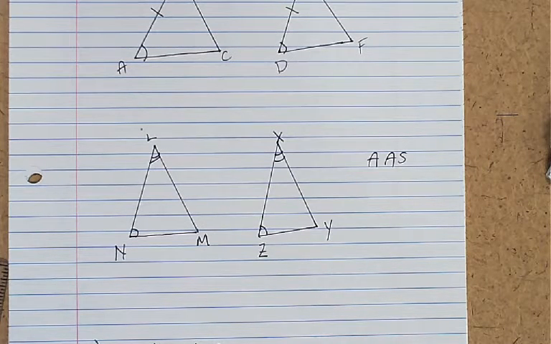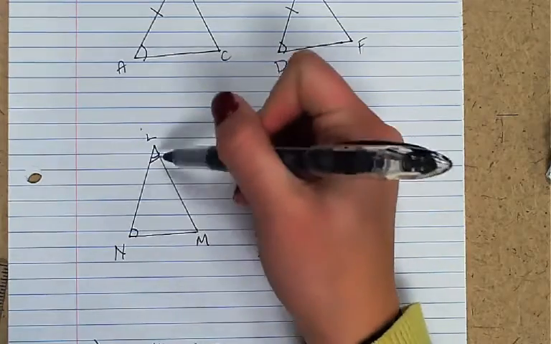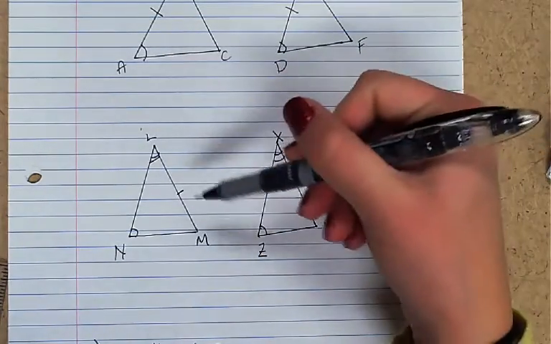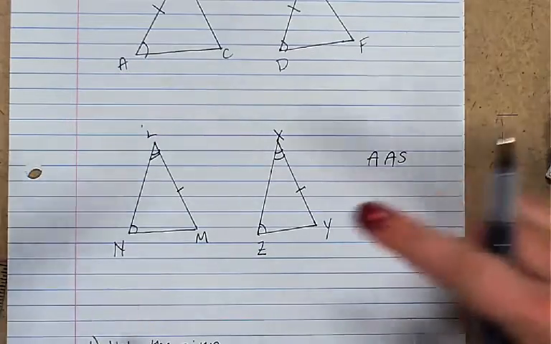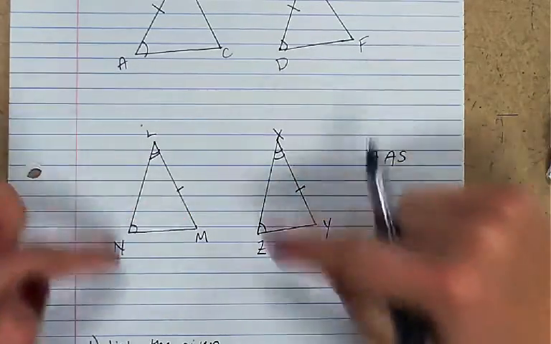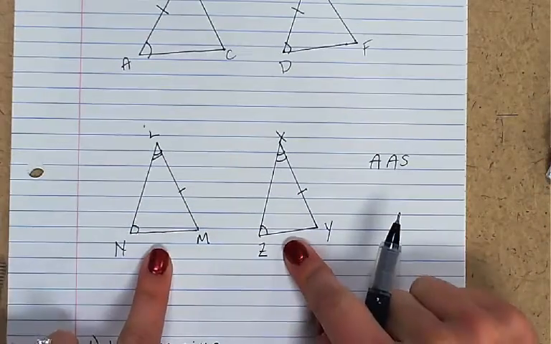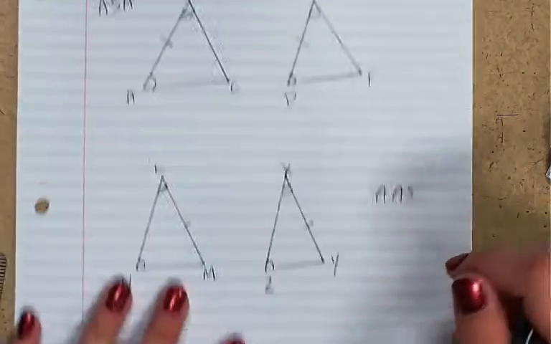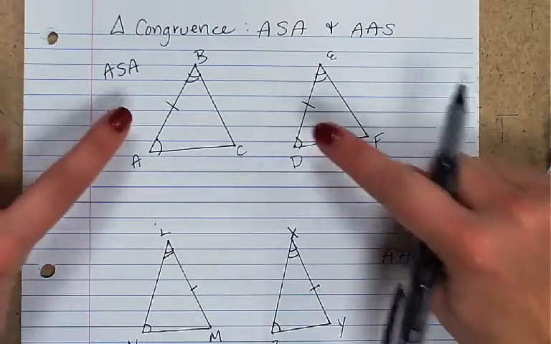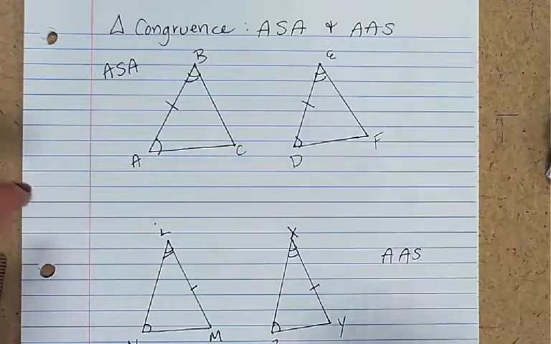So there's two choices for this actually. We could go AAS, see how that side's not in between, or you could go this way, it could be AAS. So there's two different ways you can get AAS because there's two sides to choose from. On this one, you have to use the side that's in between the two angles, so there's only one choice for that one.